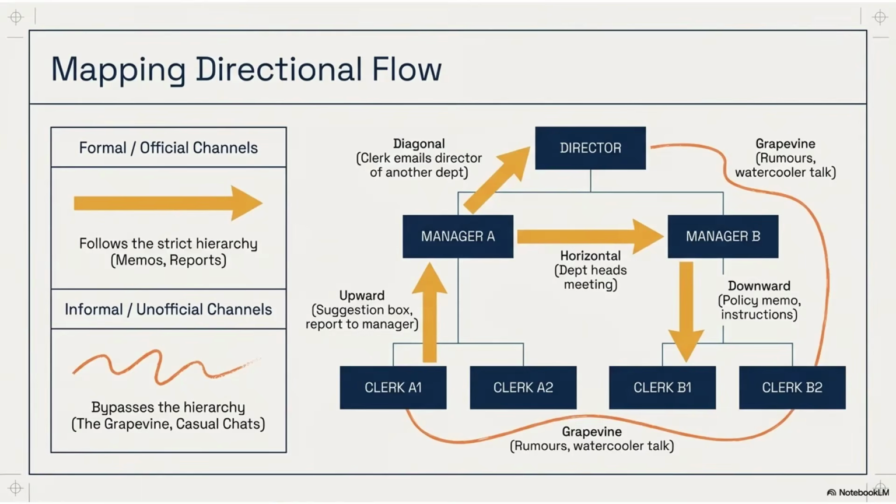It might be upward, where a subordinate is communicating with a superior, or it might be downward, where a superior is sending instructions or information to subordinates. It could be horizontal, persons on the same level sending information to each other.